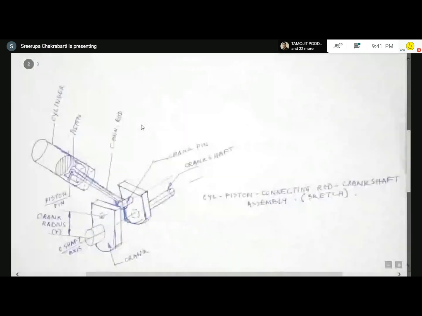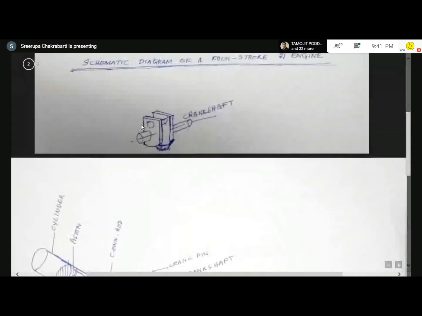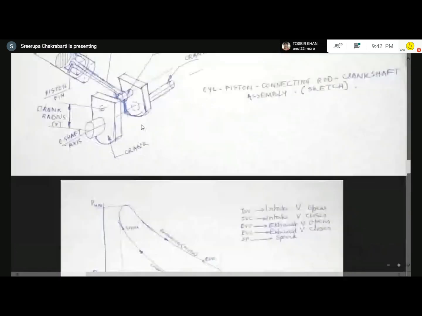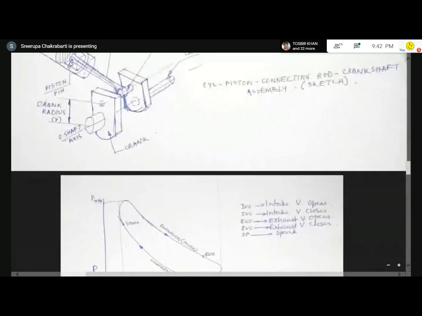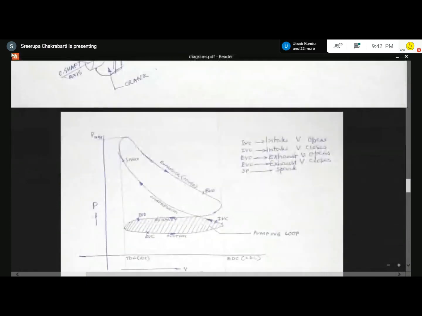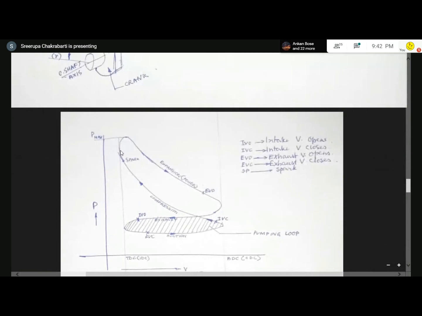What I am telling is that if you look at this curve, see, the spark occurs here. That means the piston is still in the compression stroke. It has not come to the top dead center position.